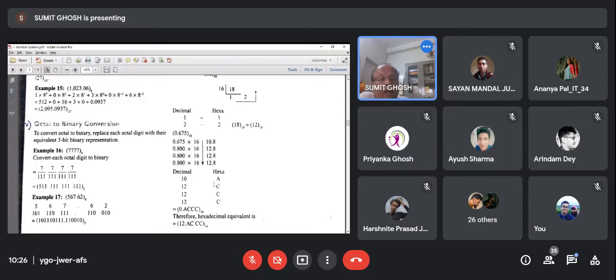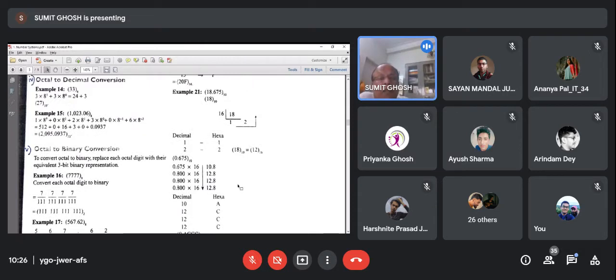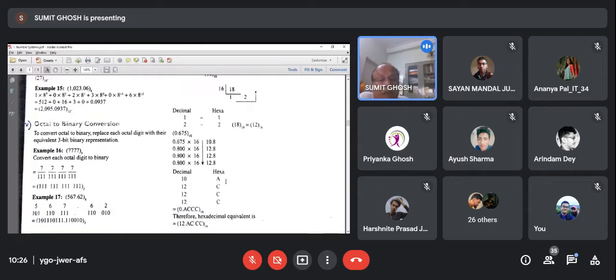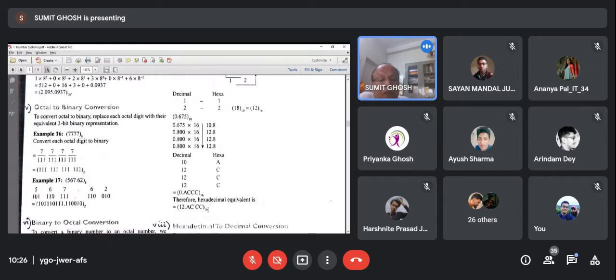So after the decimal place you get A, C, C, C, and before the decimal place 1, 2. So basically the number 18.675 can be represented as 12.ACCC in hexadecimal.